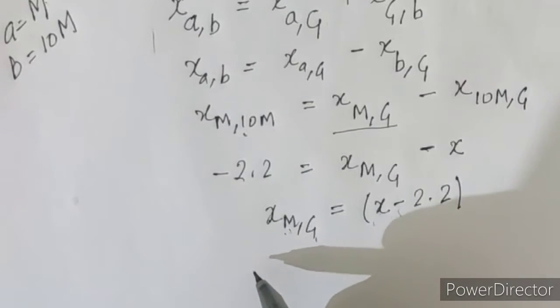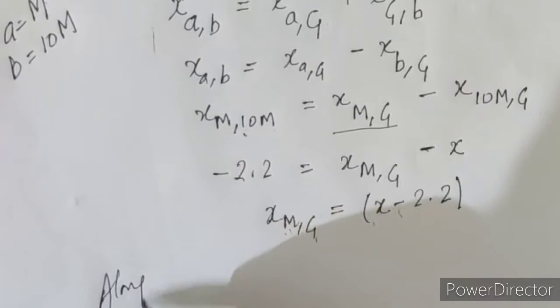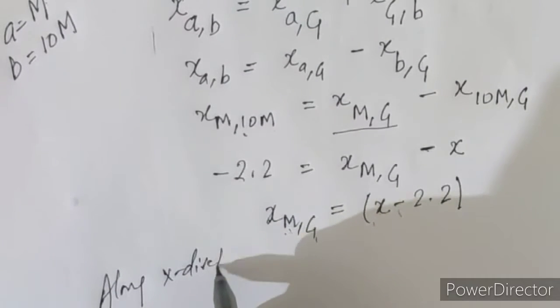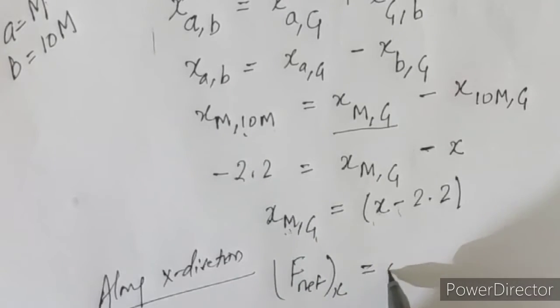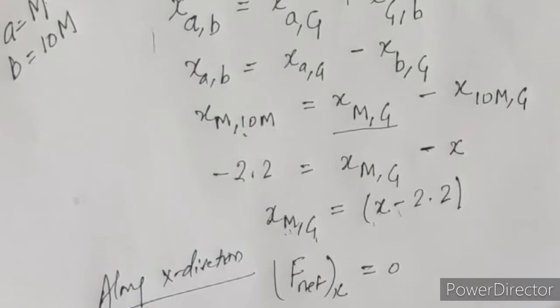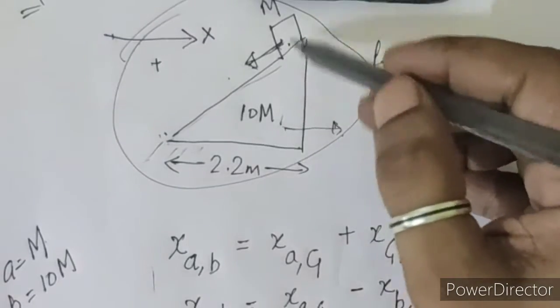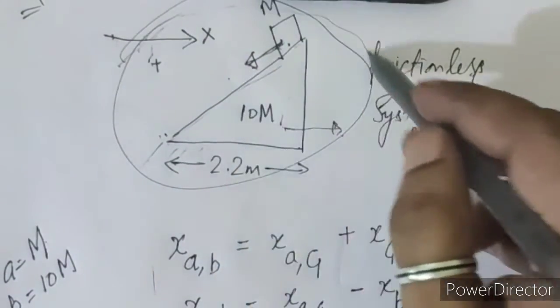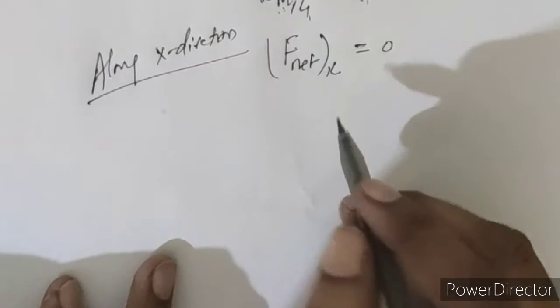Now since this complete system has no net force along the x direction, the net force along the x direction is 0. Along the y direction we have many forces, such as gravitational force, but along the x direction, if we take m and 10m as a complete system and see this as a whole, there is no force along the x direction.